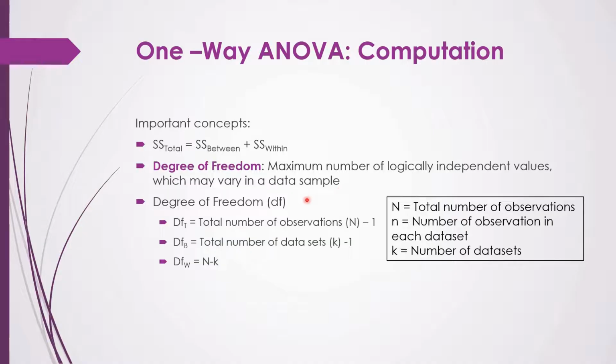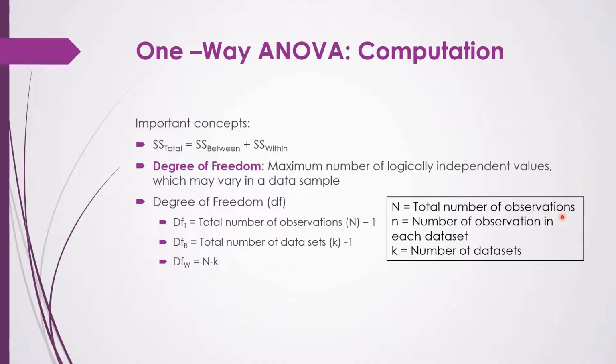Let's study how we calculate degree of freedom. Just like we have three types of variance here, a total variance, a between group variance and a within group variance, we have three types of degree of freedom. One is total degree of freedom. To calculate total degree of freedom, first we need to know the total number of observations.